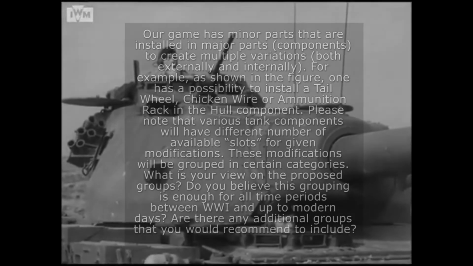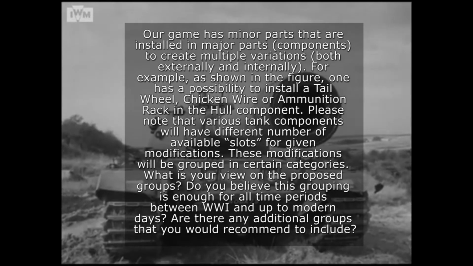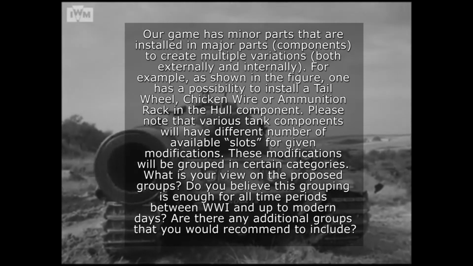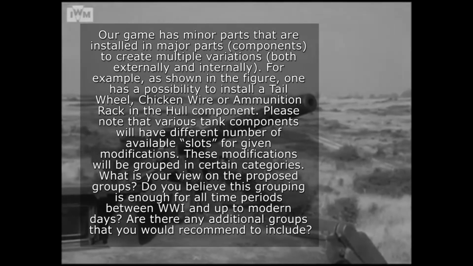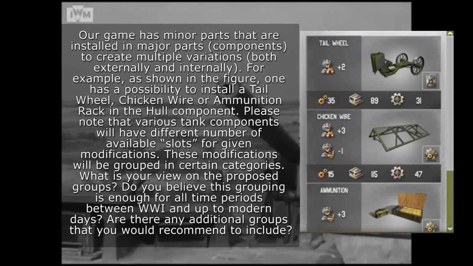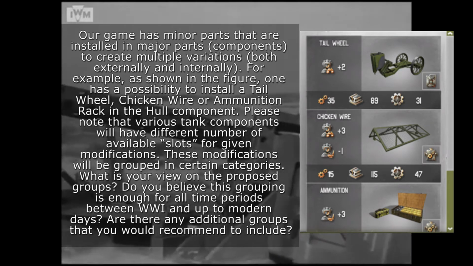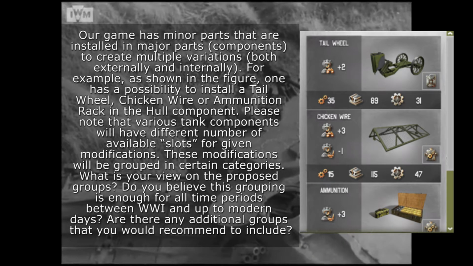Our game has minor parts that are installed in major parts or components to create multiple variations both externally and internally. For example, as shown in the figure, one has a possibility to install a tail wheel, chicken wire, or ammunition rack in the whole component. Please note that various tank components will have a different number of available slots for given modifications.